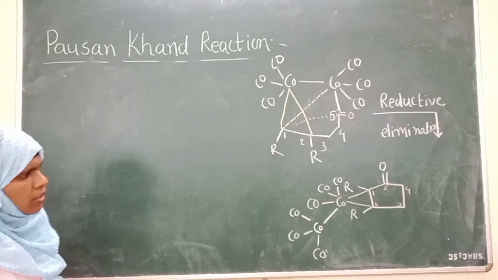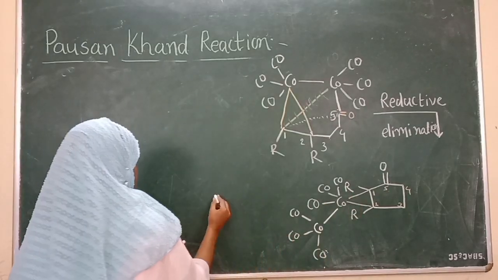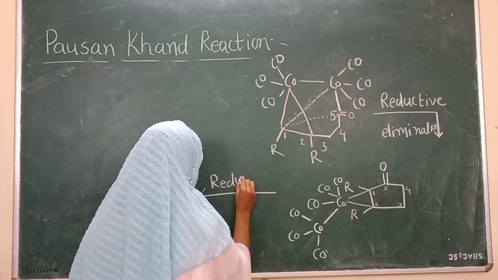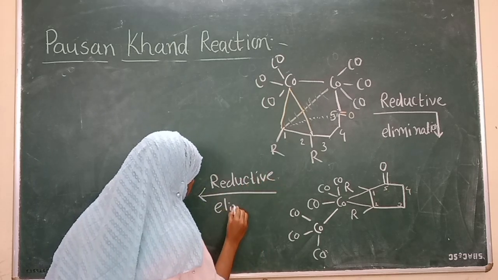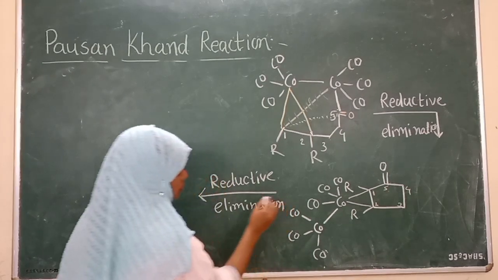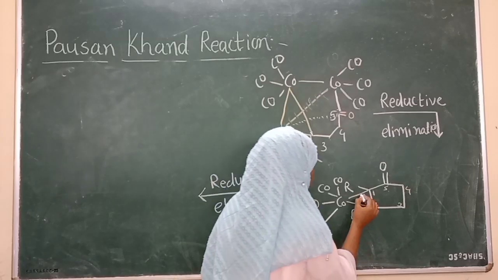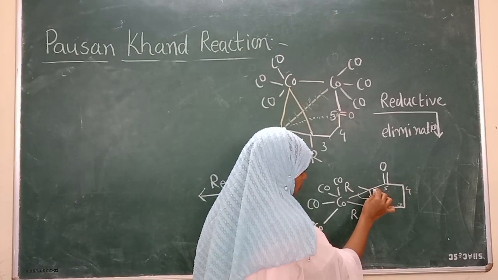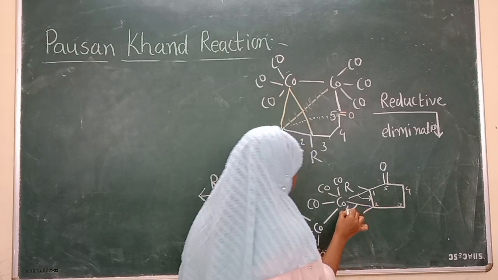After that, reductive elimination again takes place. Then this bond will break and a carbon-carbon double bond forms between carbon number 1 and 2, and this will be eliminated.